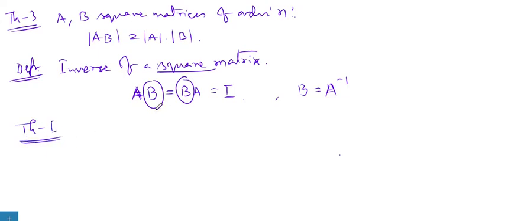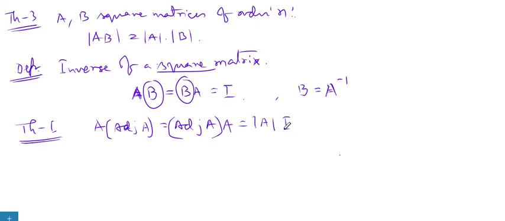What is theorem 1? Theorem 1 was, in brief, A into adjugate A equal to adjugate A into A equal to I. Here see that if we divide this equation by mod of A, that means the determinant value of A, we can always divide by this because this is a scalar value.